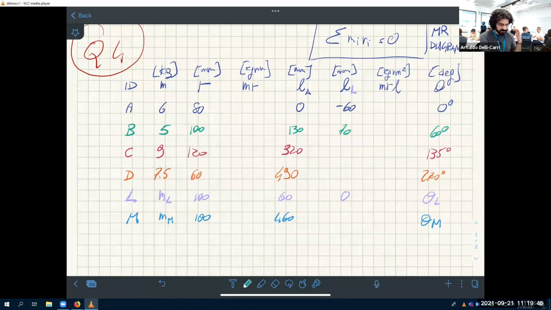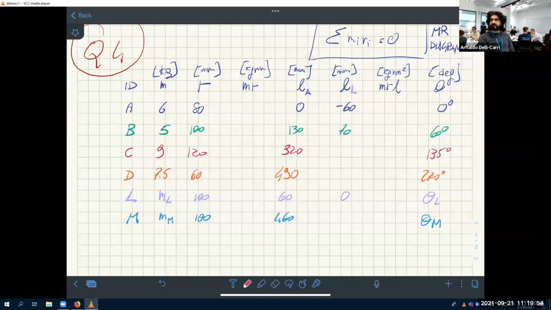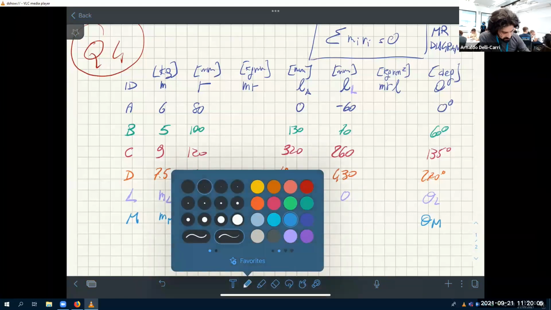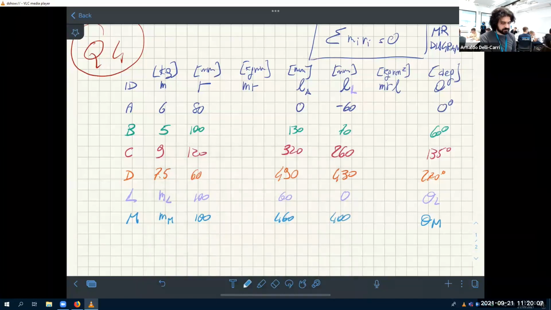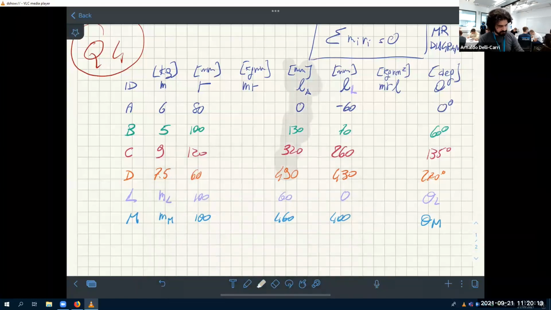Guys, I'm doing this in my head, so make sure I'm doing this correctly. 320 minus 60 is 260. 490 minus 60 is 430. And 460 minus 60 is 400. There you go. So now we don't use these anymore. So these are now useless. Don't need this anymore. No need.